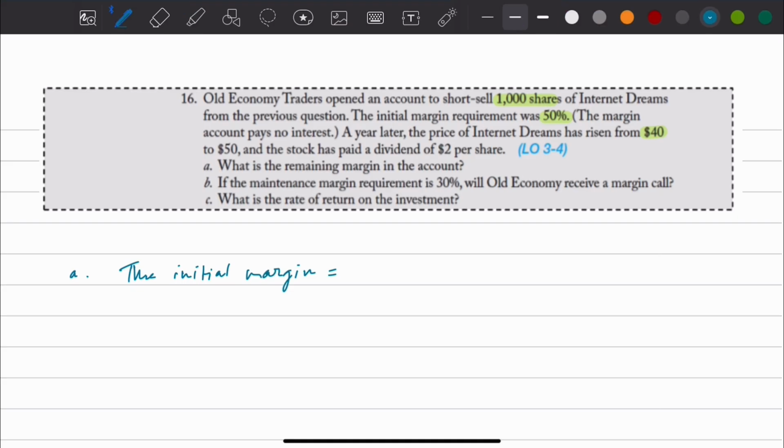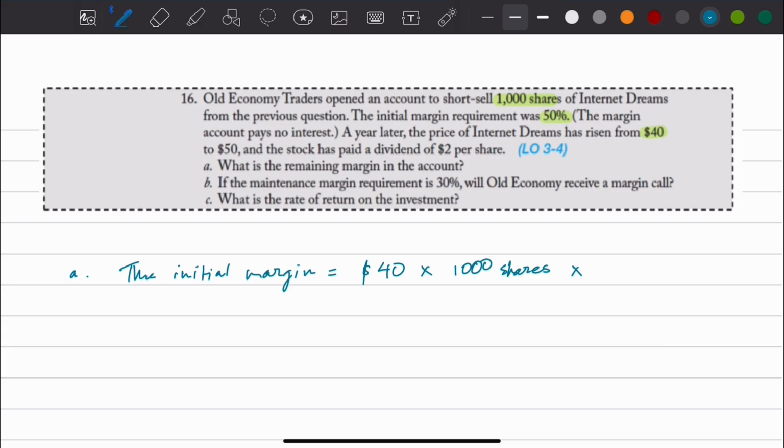And to calculate the initial margin now, we need the share price, $40, multiplied by the number of shares, which is 1,000 shares, and the percentage, which is the initial margin requirement, the IMR, that says it's 50%. So that means the amount that the owner or the person who opened the account, Old Economy Traders, will be receiving is half of the initial short sale proceeds, right?